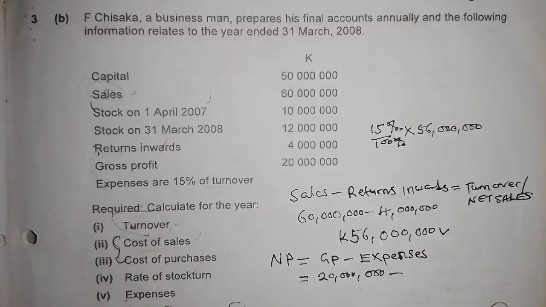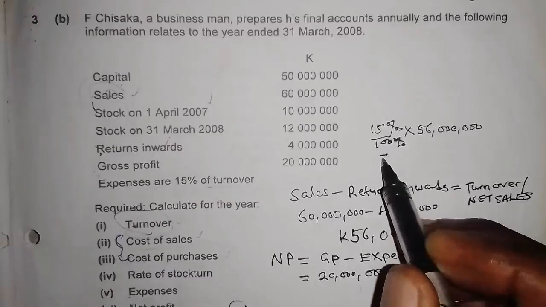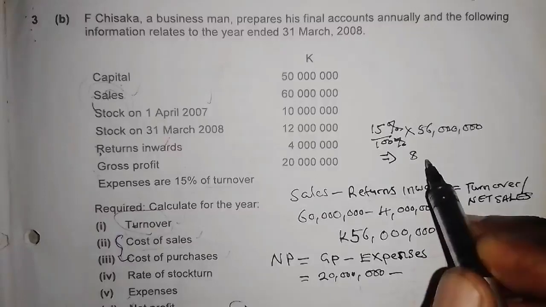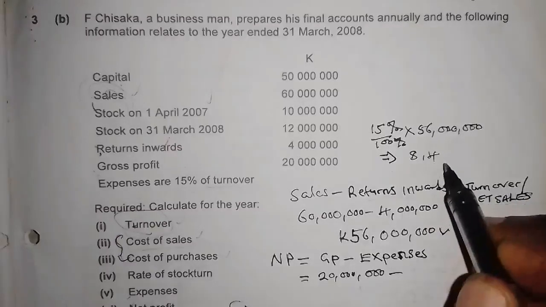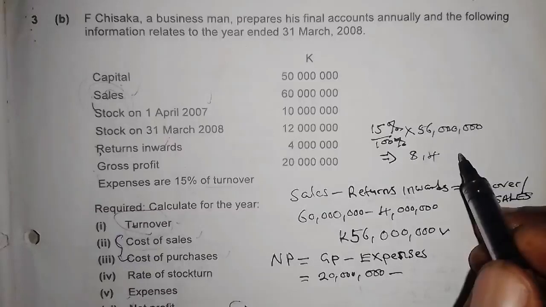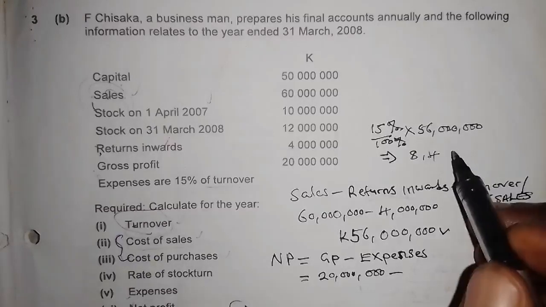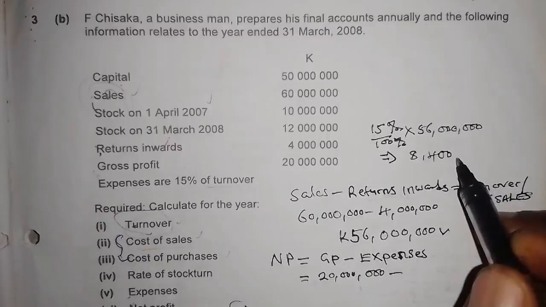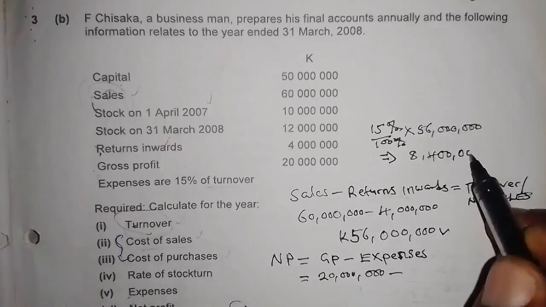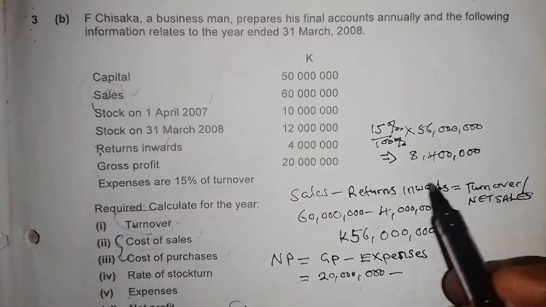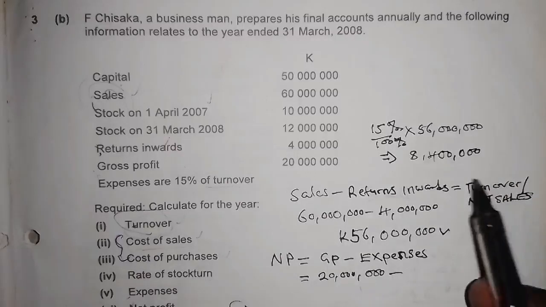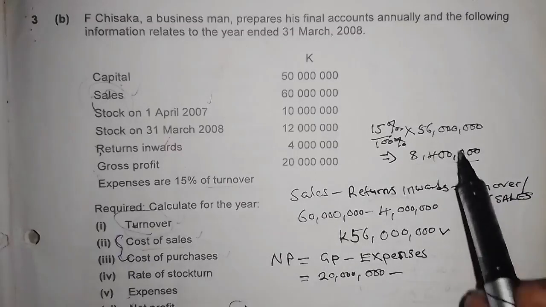When you do the simplification with your calculator, you get 8 million, 8.4, or 8,400,000. You can confirm that, guys. So this is 15% of this.